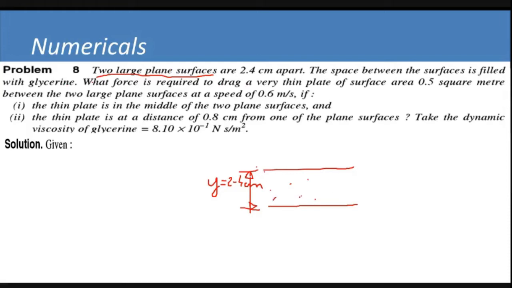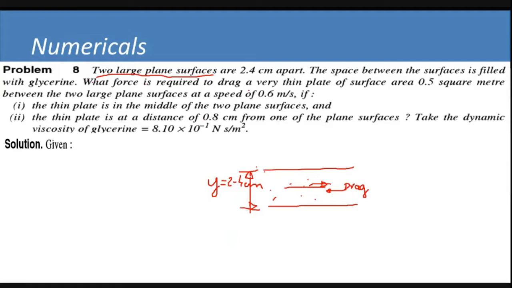Now, what is the force required to drag? Drag means suppose you want to move this plate. There will be some resisting force to this motion. That force is nothing but the drag force, the opposing force to motion in the fluid.